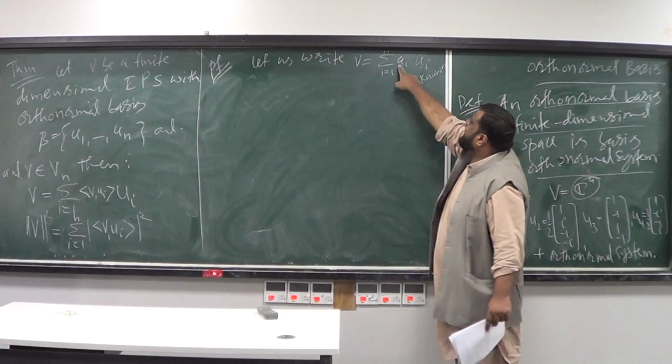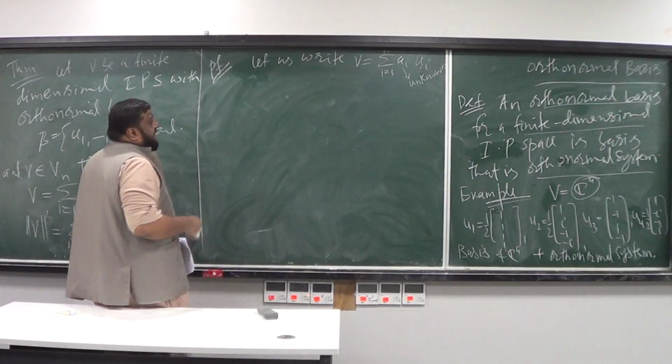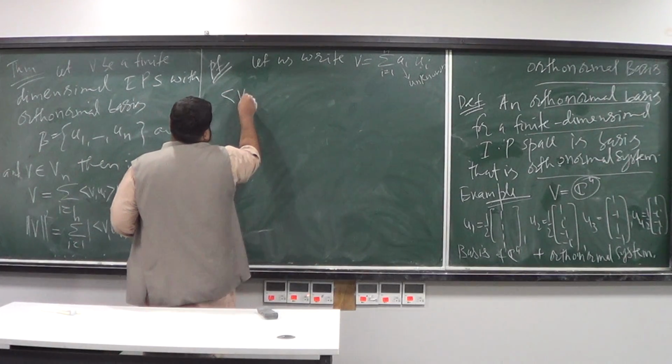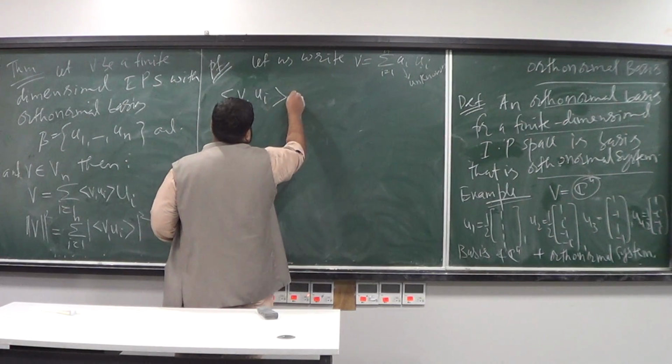My claim is that each one of these a_i is basically this inner product, and let's see why this is true. Let's take v and calculate its inner product with u_i.